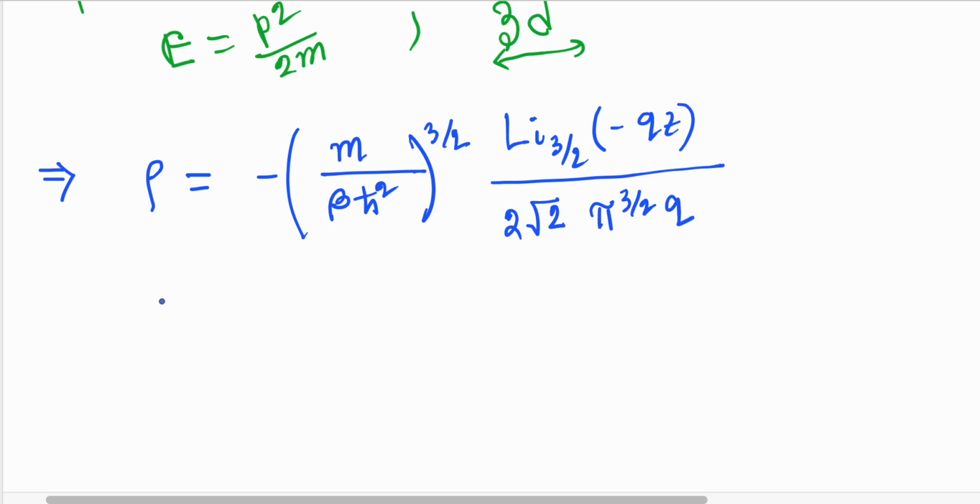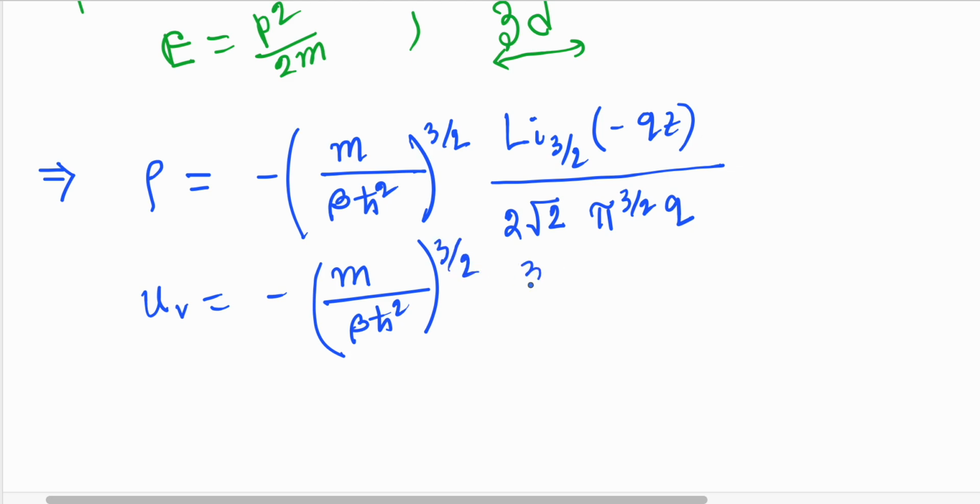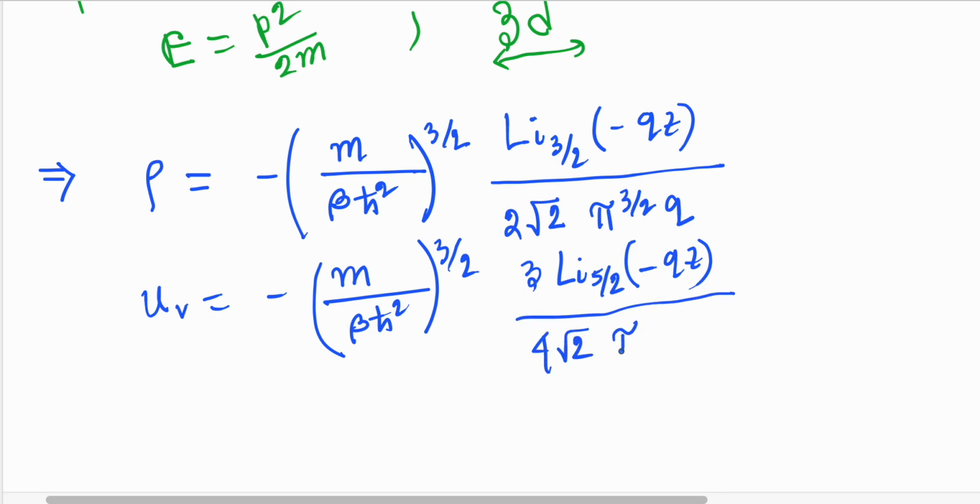Okay, and these two are only valid, let me finish it. The energy density is minus m by beta h cut square to the power 3 by 2, 3 Li 5 by 2 of minus Qz, by 4 root 2 pi to the power 3 by 2 Q beta.